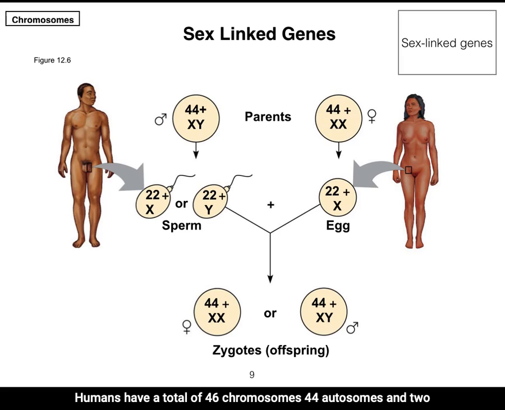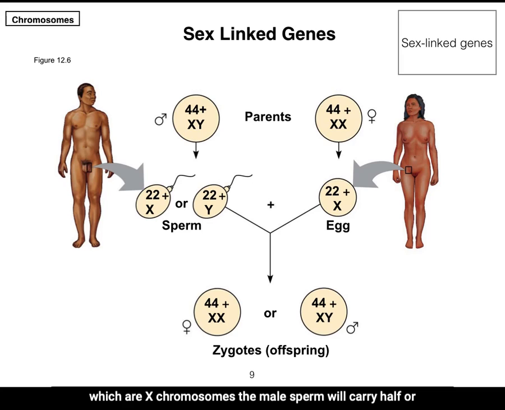Humans have a total of 46 chromosomes, 44 autosomes, and 2 sex chromosomes. In this image, the male parent has 44 autosomes and the XY sex chromosomes, whereas the female has 44 autosomes and 2 sex chromosomes, which are X chromosomes.